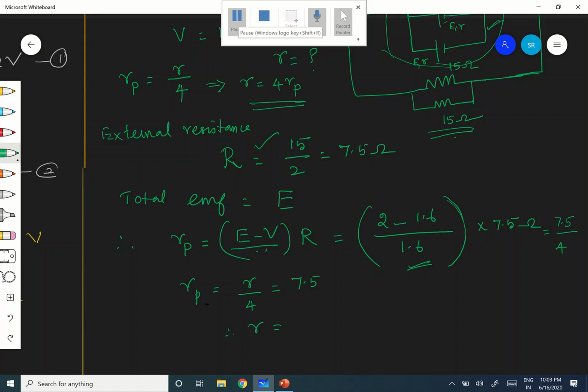Therefore r is nothing but 7.5. Is it clear?